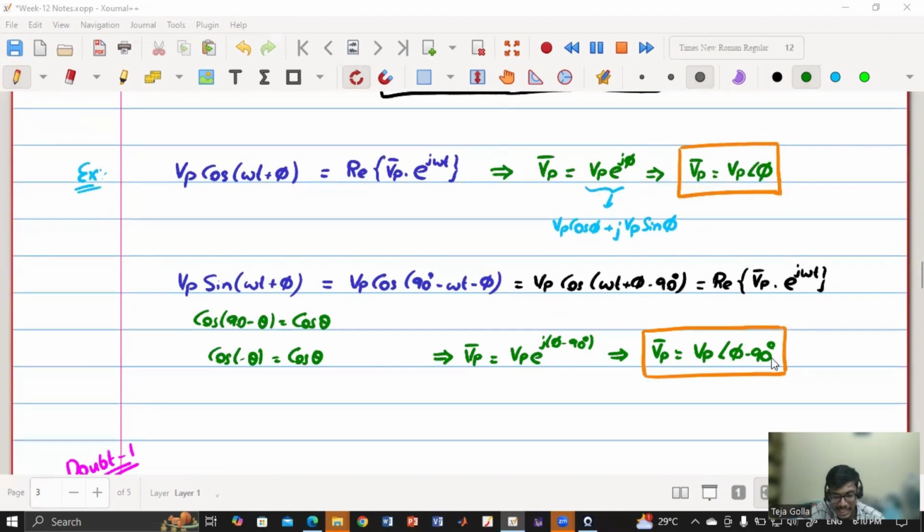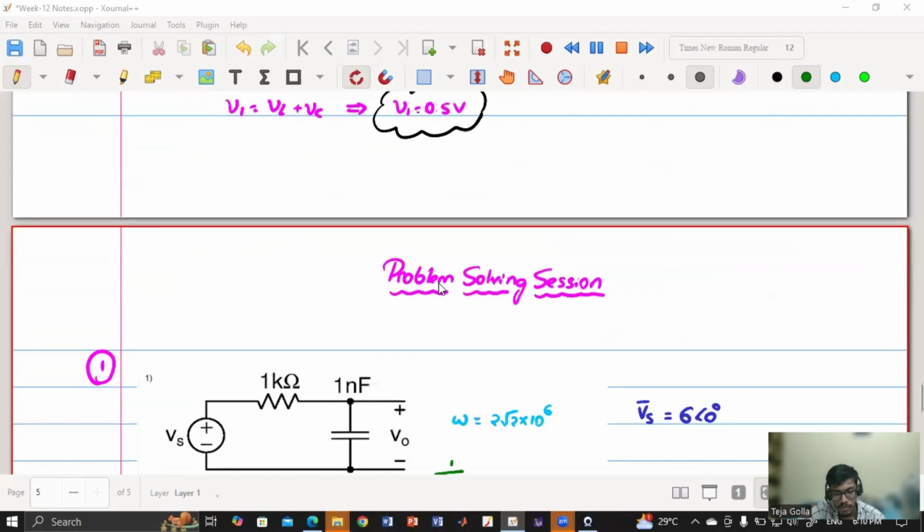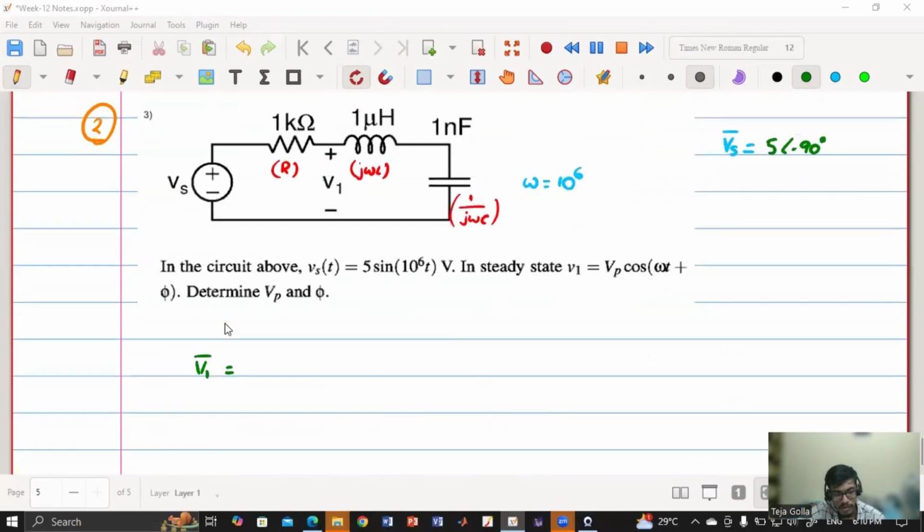If it were plus 90 degrees, it would be cos omega t plus phi plus 90 degrees, which makes it minus sine omega t plus phi, which is not correct, since the input is sine omega t plus phi. So that's why we get minus 90. Okay, so what will be the expression for V1 phasor?